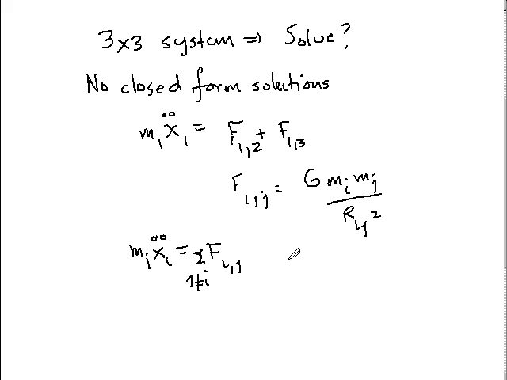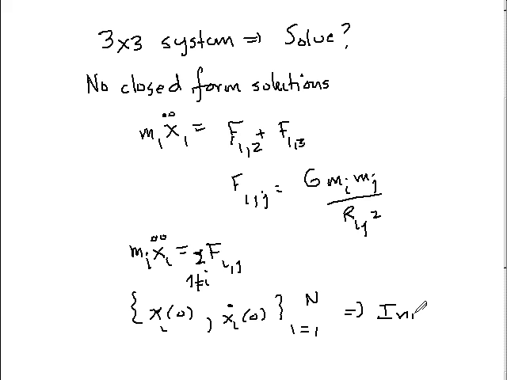If you have a planet all by itself in the universe, the planet cannot cause itself to move, so you don't allow that. And then of course you're given x at the initial time, x sub i, and you're given xi dot at the initial time for all i, and then you just have to solve.